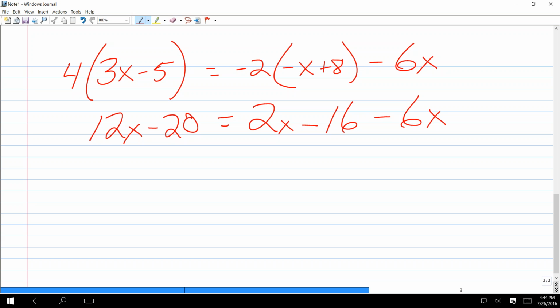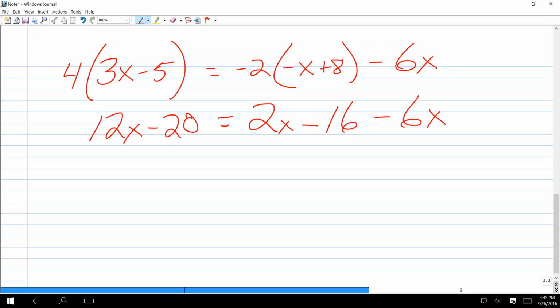So how many total x's go on the left? Am I going to bring my x's to the left or to the right? I like it on the right. Wait, no, left. Normally, most people like it on the left, okay? But there's no difference from it being on the left or the right.